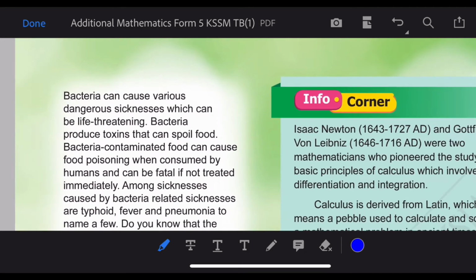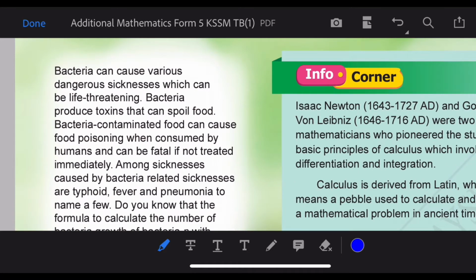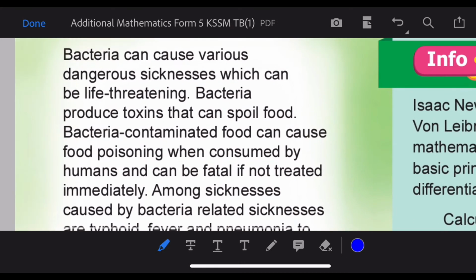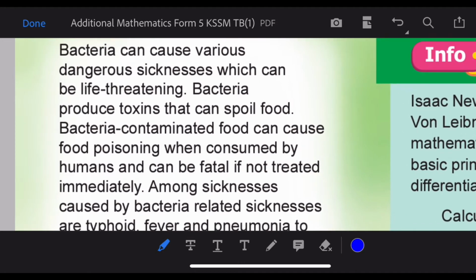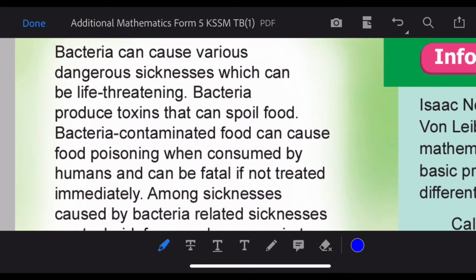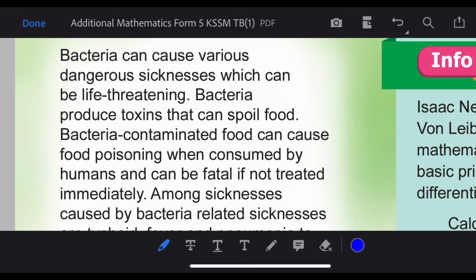It is actually very good because it comes with a lot of information. It's a very creative textbook. First, they introduce bacteria. Bacteria can cause various dangerous sicknesses which can be life-threatening, like nowadays we have the COVID virus, right?